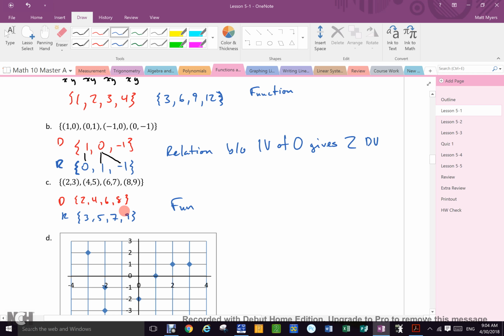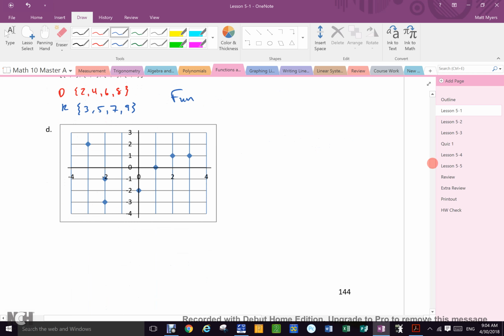They're all unique. What's different in D? It's on a graph. What are graphs made of? X's and Y's, right? So, the domain are the X's, correct? So I only care about the X's, right? This line right here, yeah? I have an X there, don't I? What is that value?